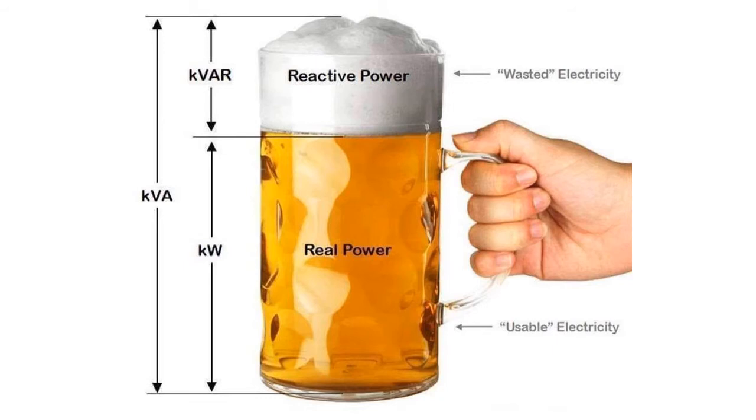Again, the whole purpose of this is to determine the overall electricity used, or power used, in an overall circuit. Watts would be the real power. That's what does the work. The VARs, or the reactive power, that's wasted energy just to overcome resistance or to overcome opposition.